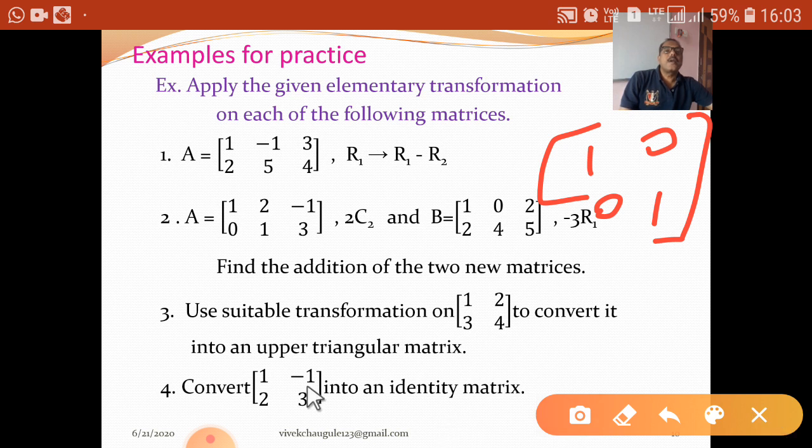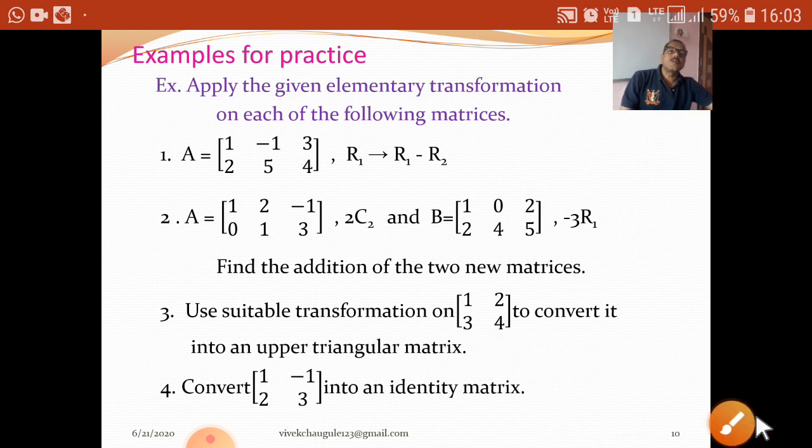So we have to convert this minus 1 to 0, and this 2 also to 0, and 3 to 1. So there are 3 transformations we have to write. Okay, you try these transformations.